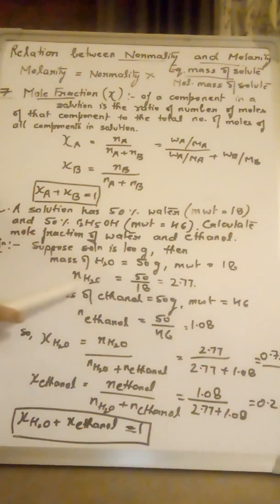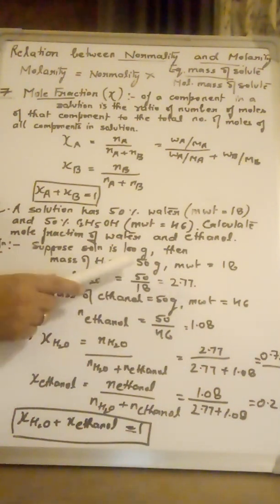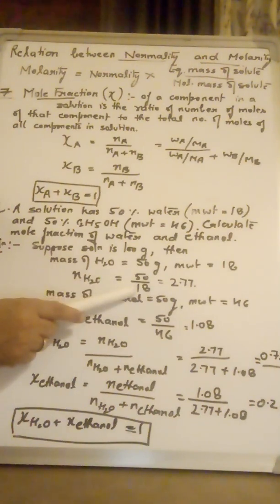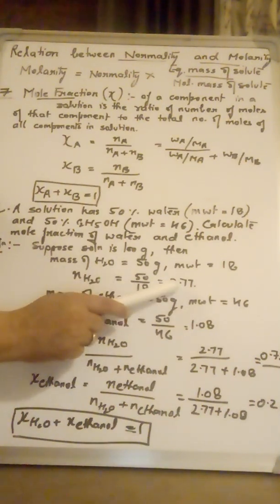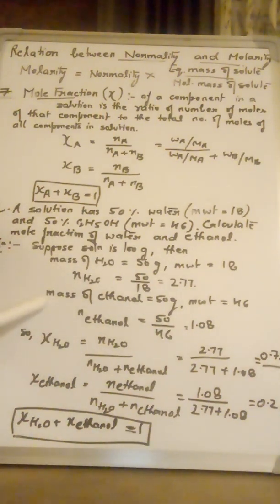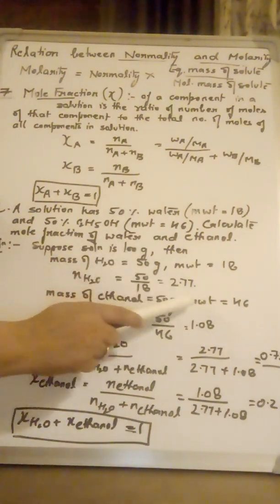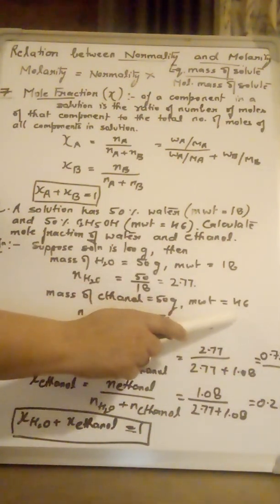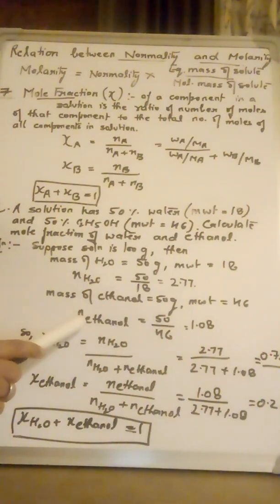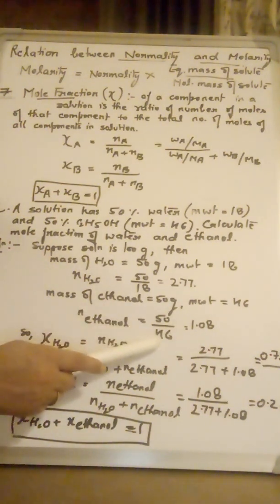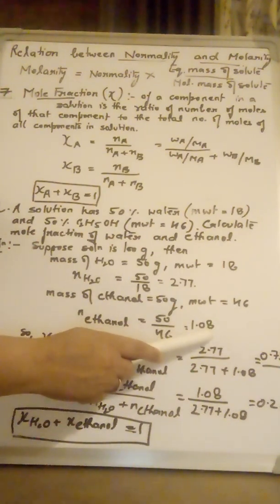So the number of moles of water is its mass upon its molecular weight, which comes out to be 2.77. Similarly, mass of ethanol is 50%, that means it is 50 gram out of 100 gram, and its molecular weight is given, it is 46. So moles of ethanol is mass upon molecular weight and the value is 1.08.